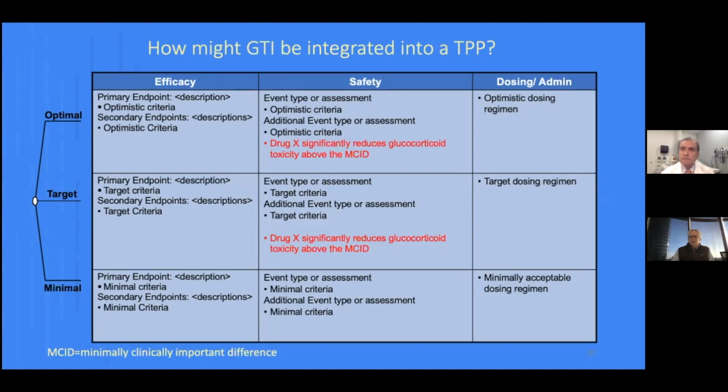It doesn't necessarily have to be in the minimal. So for instance, if a therapy is beneficial from an efficacy perspective, it has a very good safety profile, the benefit and risk are in favor of the use of that therapy, but it didn't achieve the reduction in glucocorticoid toxicity that might have been targeted, it doesn't mean that it isn't still a significant therapy.